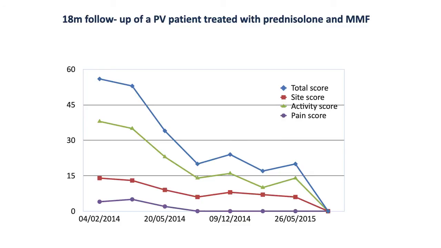In terms of pemphigus, again, taking the score at each visit will enable you to reduce treatment. And the message with pemphigus is to allow the score to tell you when you can reduce the treatment.